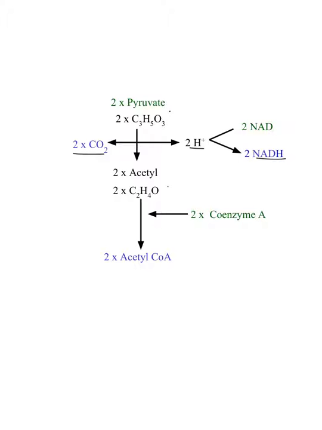If you do the math, we have the appropriate remaining numbers of carbons, hydrogens, and oxygens. And then acetyl coenzyme A is going to swoop in, help carry this acetyl group into the next set of reactions.